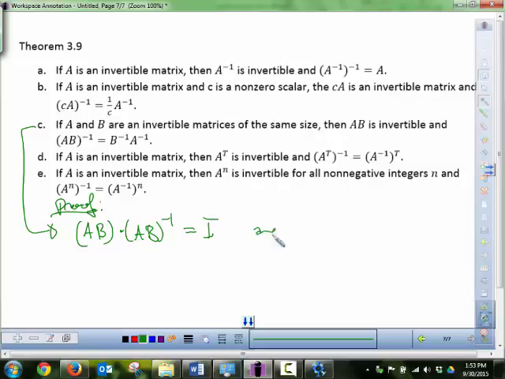And AB inverse times AB should also equal I.